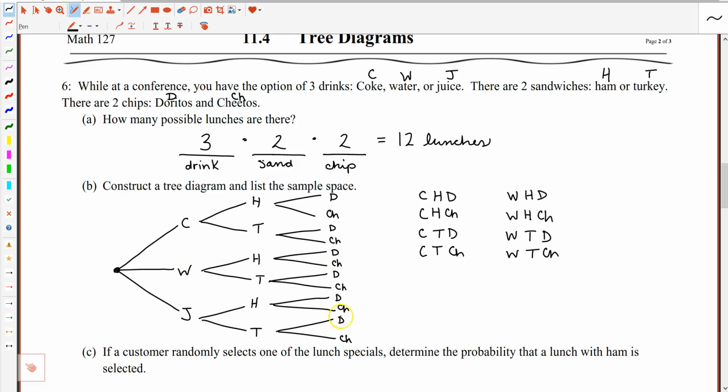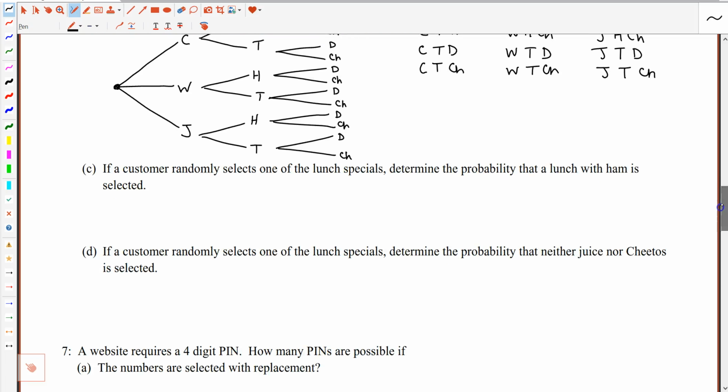So then finally we'll come down here, and then we're just going to have juice as the front choice, and then we'll finish this off. Alright, so there are the 12 choices that would be in the sample space. So now let's use this information to answer some questions.